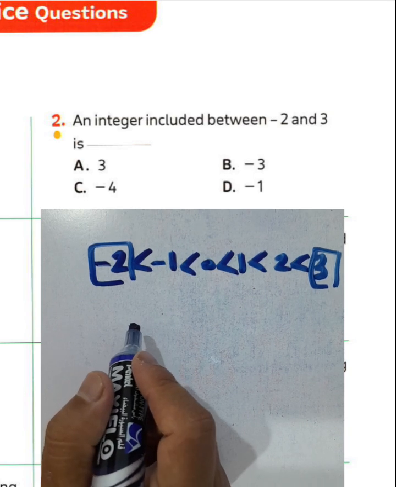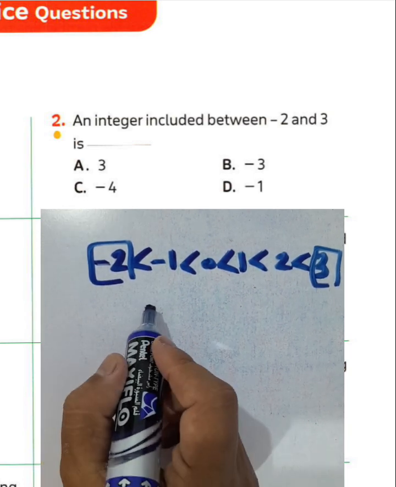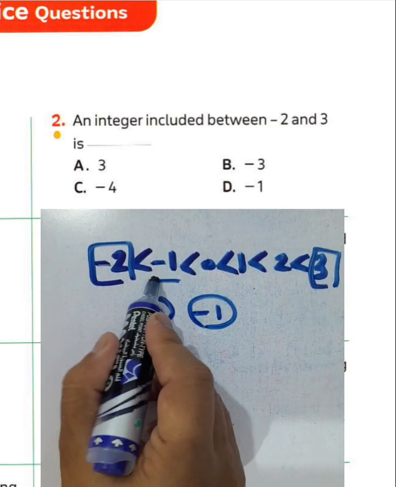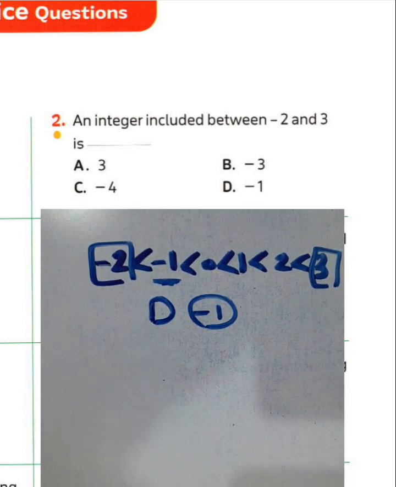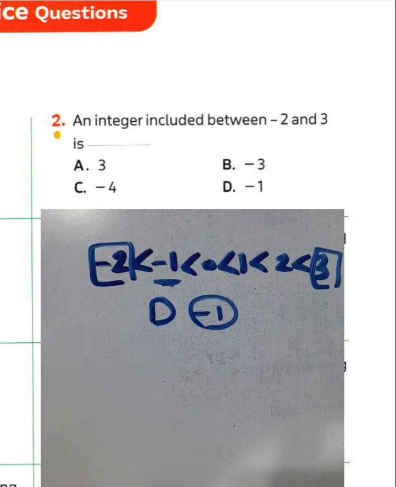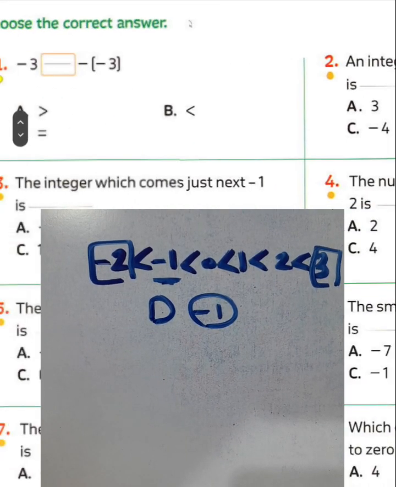Choose letter D. We have here -1, and -1 lies between -2 and 3. Okay, you must choose letter D for question number 2.